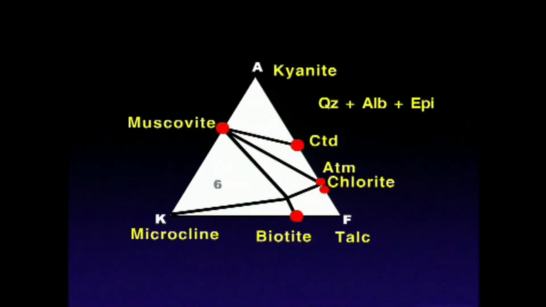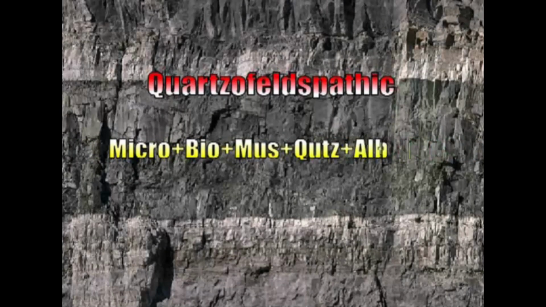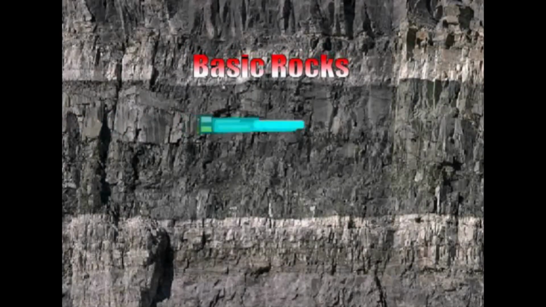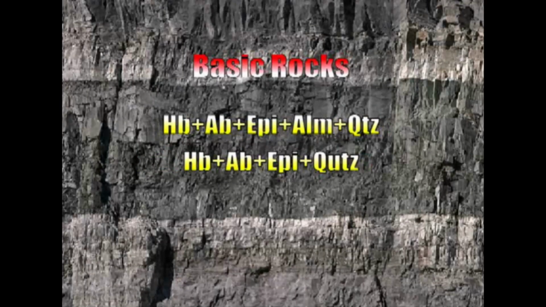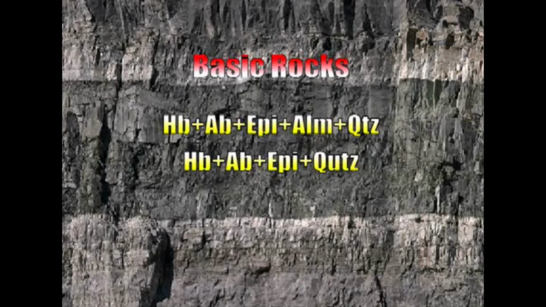Quartzo-feldspathic rock: the quartzo-feldspathic rocks are recognized by AKF diagram, and the assemblage is biotite, muscovite, microcline, plus minus quartz, plus minus albite, etc. The basic assemblage as per the ACF diagrams is hornblende, epidote, tremolite, actinolite, hornblende, albite, epidote, quartz.